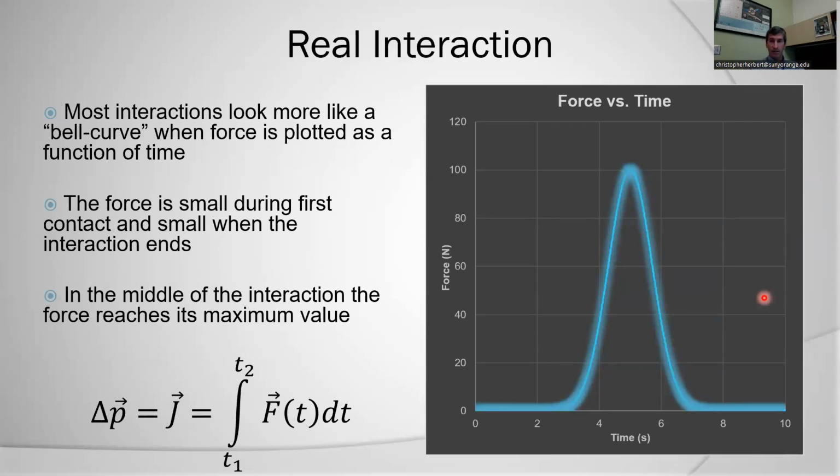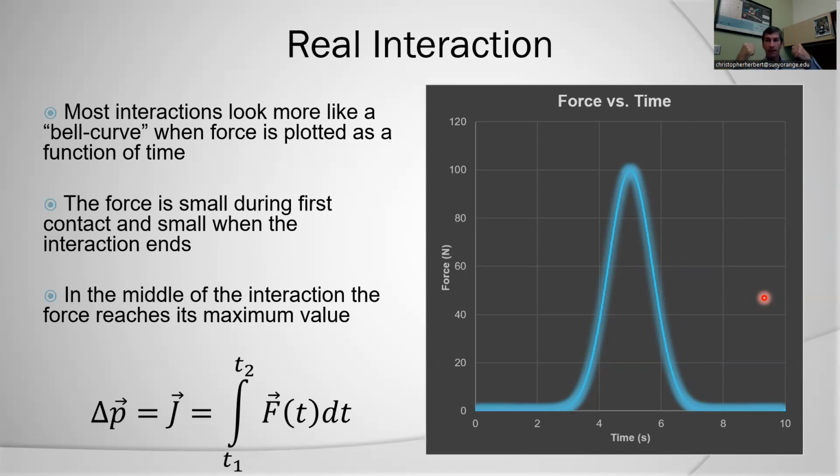Most interactions, especially for collisions, do not look like that. They look more like this Gaussian curve. And again, it really depends on the type of interaction that's taking place. It's almost impossible to create a force which goes from 0 to some discontinuous value.